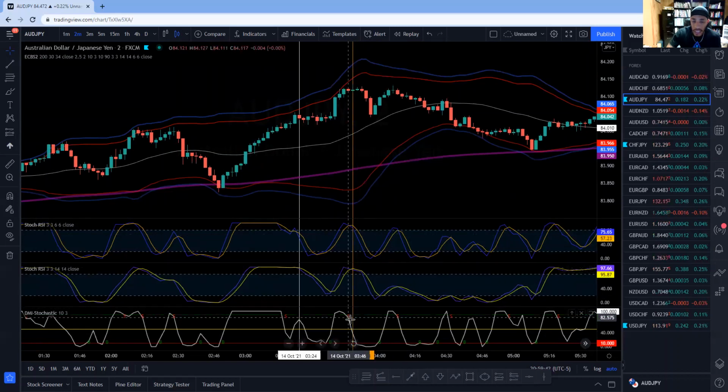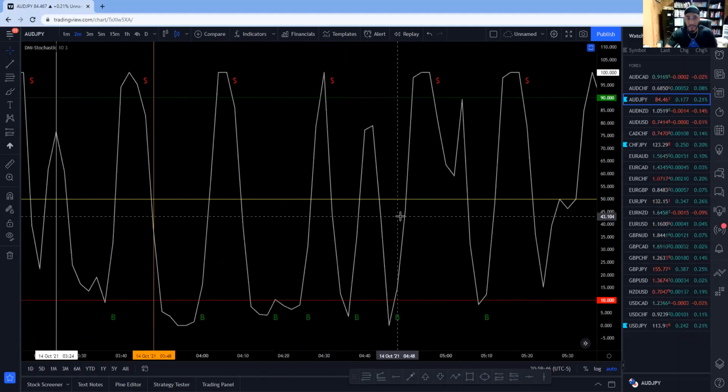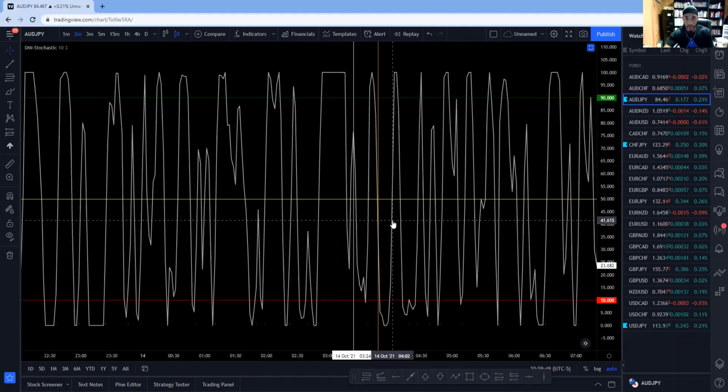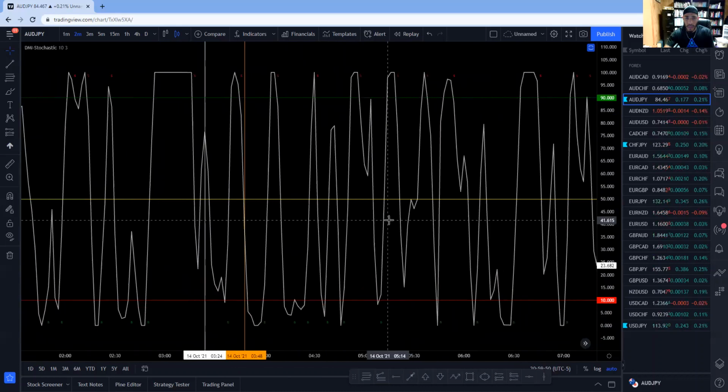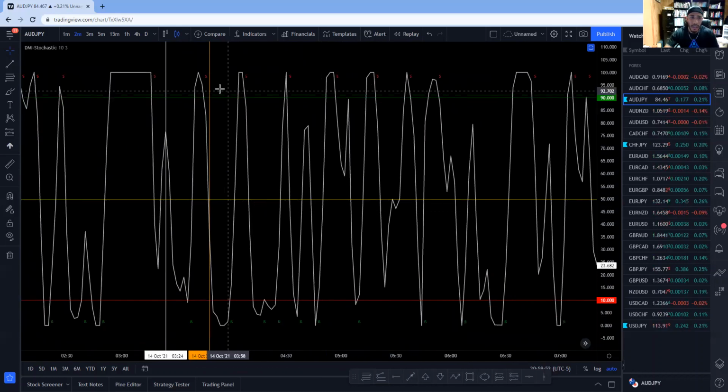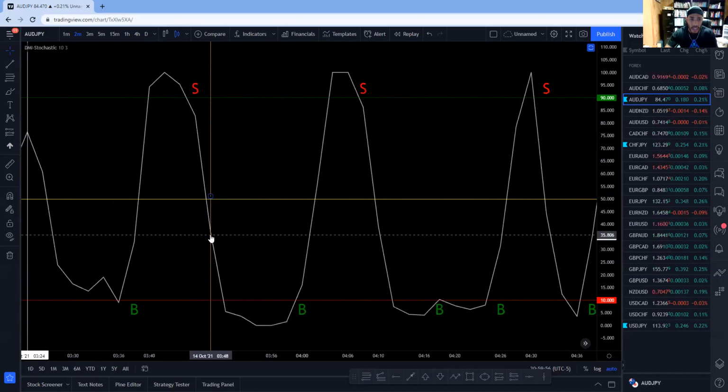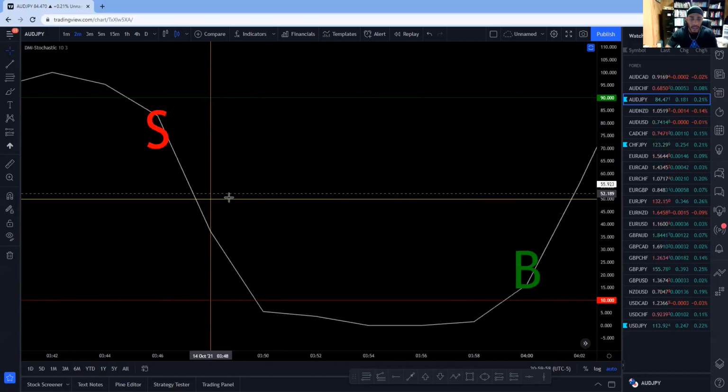So this next candle is where we got this extension. Now it looks kind of wild right now, but we got this extension right here. This is where the candle closed, and you see it closed below our 50 level.